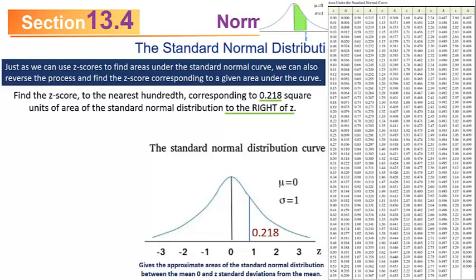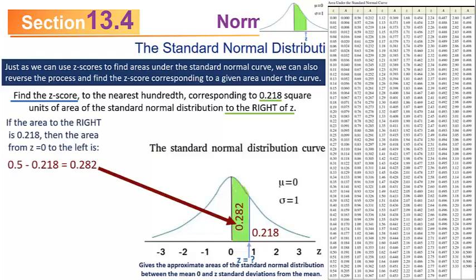Now we know that the areas in the table are from 0 to a certain z value, so it's to the left of that 0.218 all the way back to 0. That's what the table value gives you. But we want to look at the table and find the z value that produces that much area, but we first have to figure out what the area is to the left.